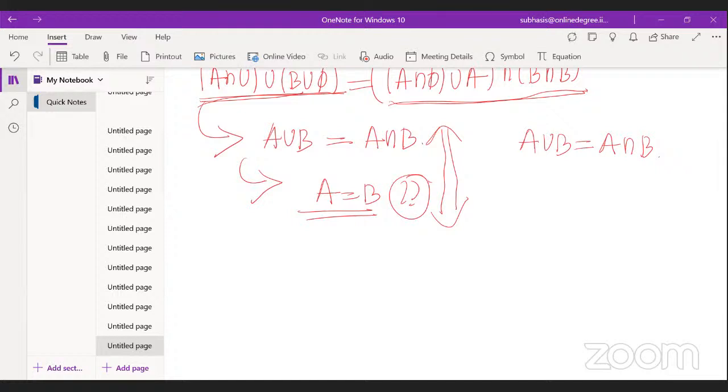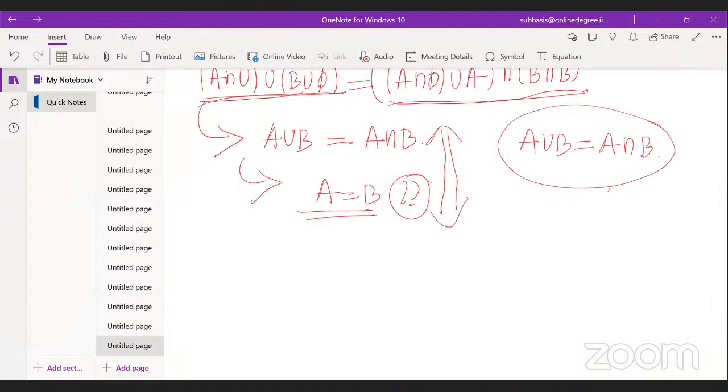Suppose A is a proper subset of B. Sir, B is a proper subset of A in this situation. No, what I am saying, you have this thing, A union B is equal to A intersection B, right?